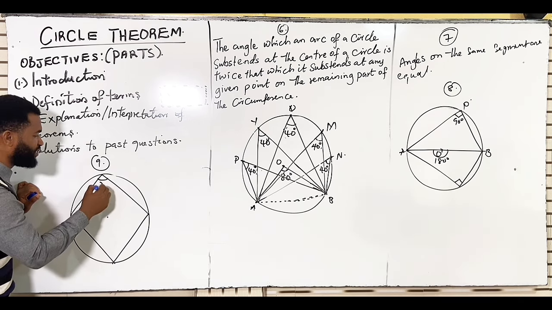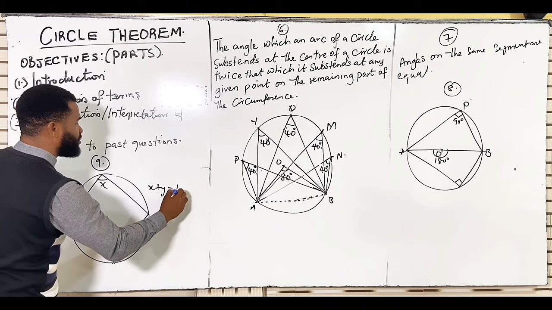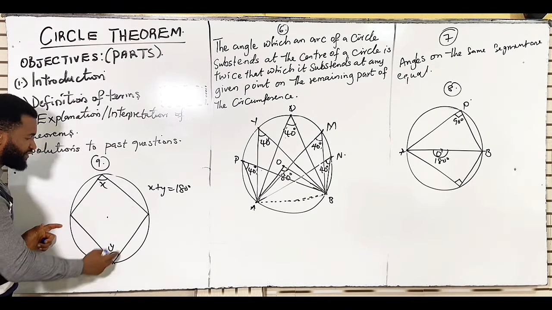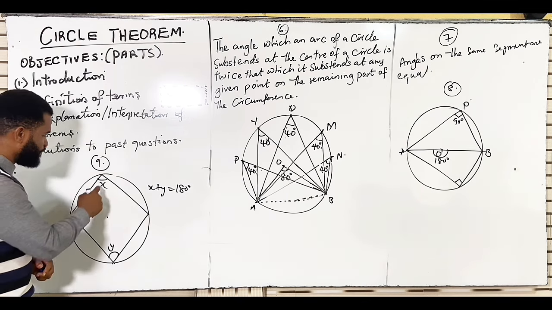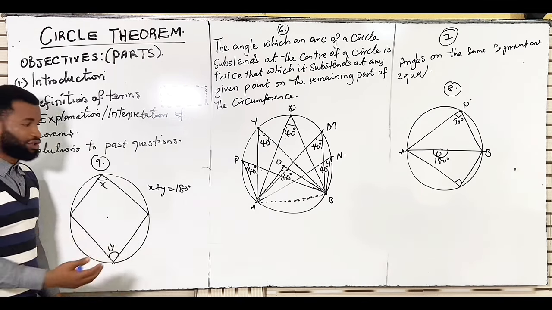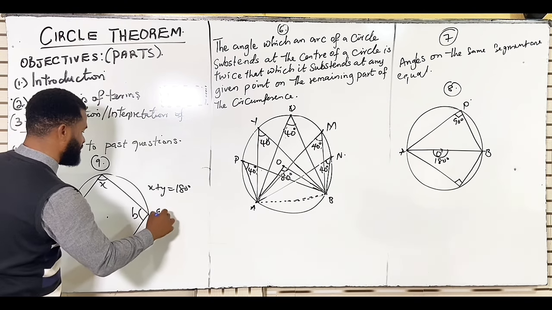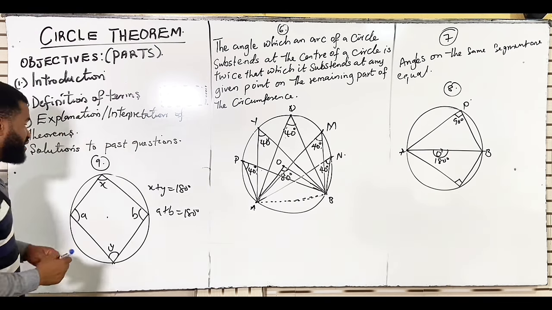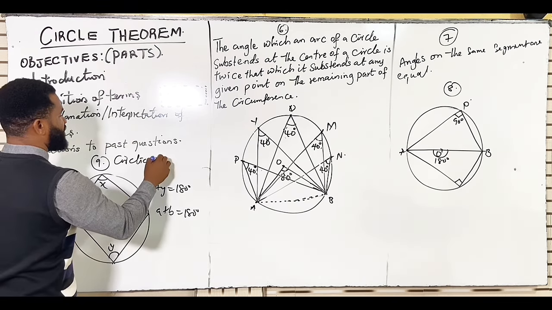That means if this angle is x and this angle is y, it means that x plus y must be equal to 180 degrees because there is a 4-sided shape inside the circle. Their opposite angles must be equal to 180. Even this side A and this is B, A plus B must be equal to 180 degrees. We call it cyclic quadrilateral. Cyclic quadrilateral.